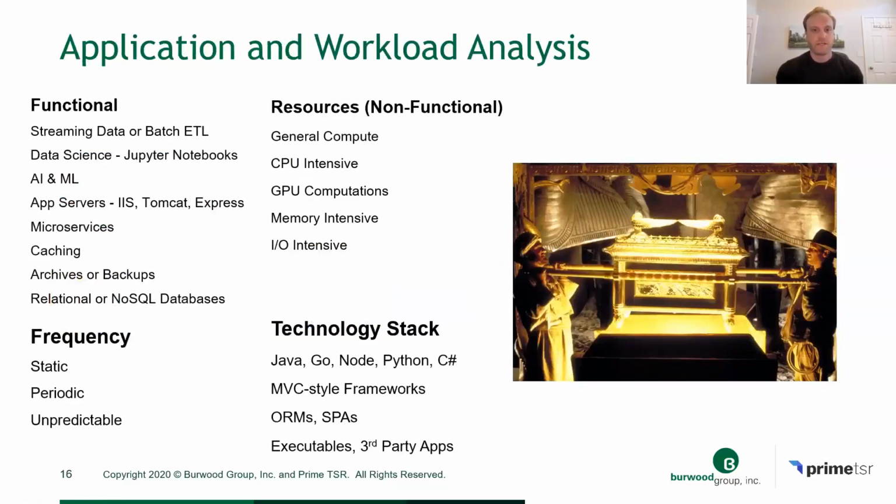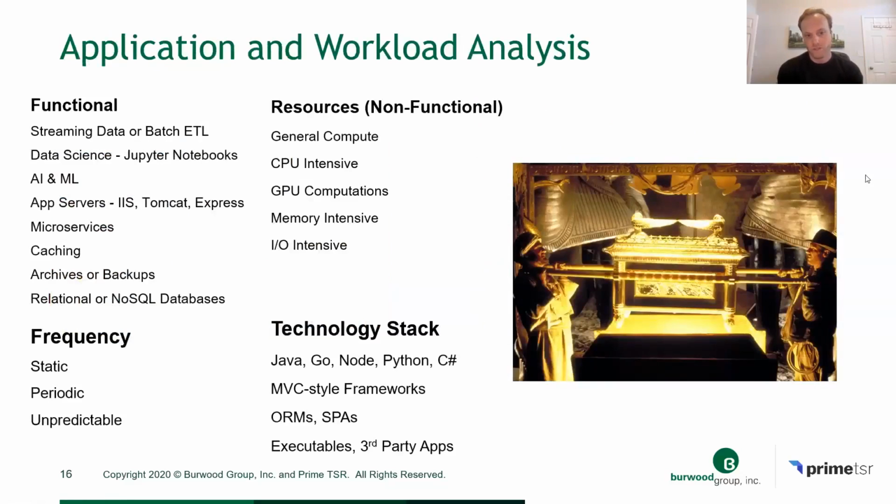So the first thing you're going to need to do is start analyzing your workloads, and there are a lot of different ways to do that. You could look at what functionality your applications are providing. There are the resource limitations, which we usually refer to as our non-functionals, whether it's CPU intensive or GPU intensive, if you're IO bound or memory bound.